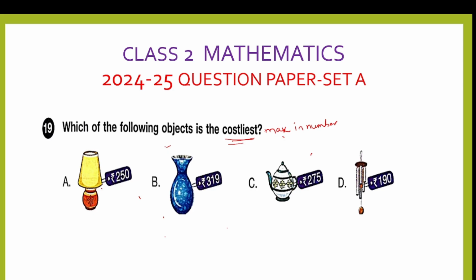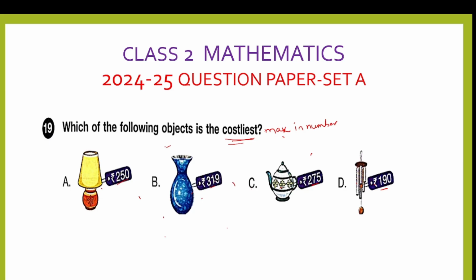So if you see in option A, this is a lamp whose price is 250, a vase whose price is 319, a mug whose price is 275, and a toy whose price is 190. So among these, which one is the maximum in number?